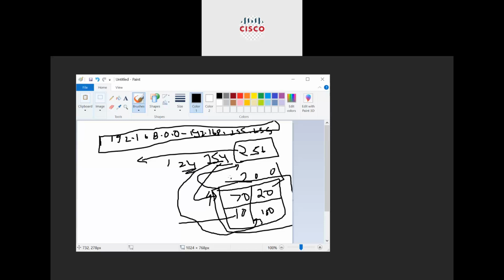Two different networks cannot communicate directly with each other. That's it. So if I'm dividing a network into subnets, definitely these subnets will not communicate with each other, and that's what we want.